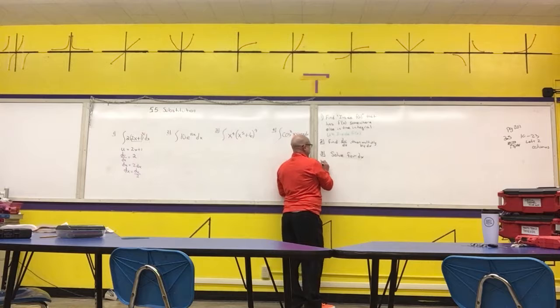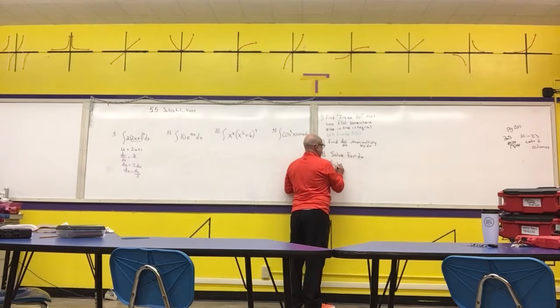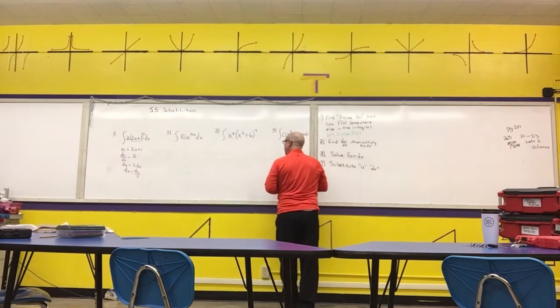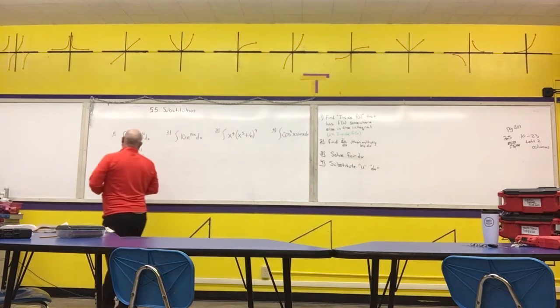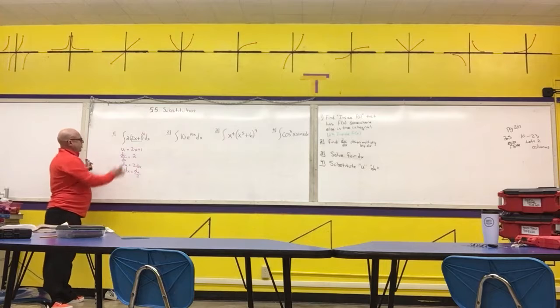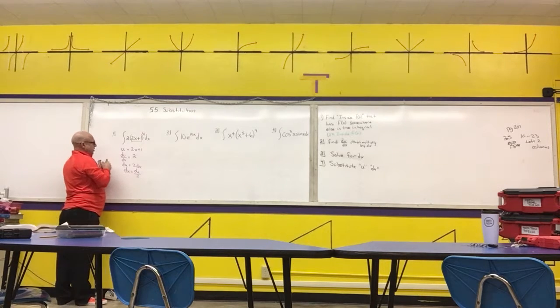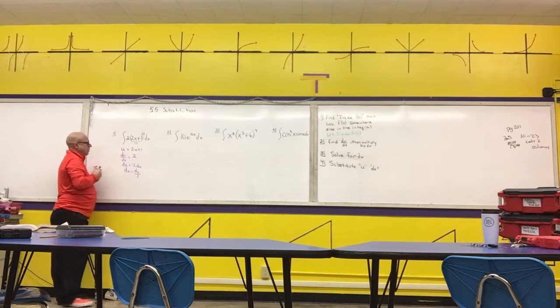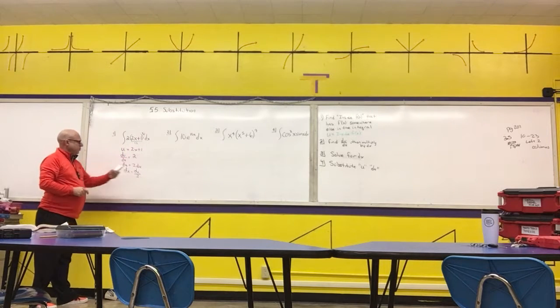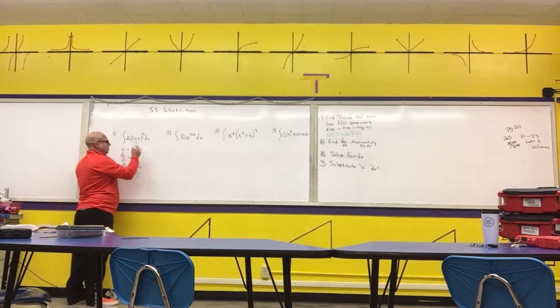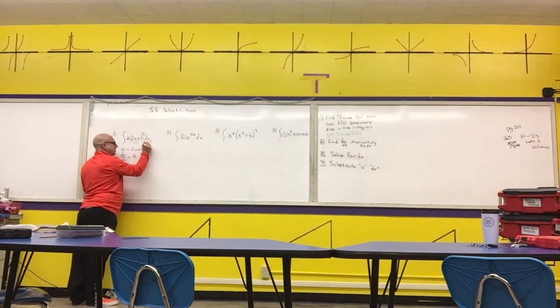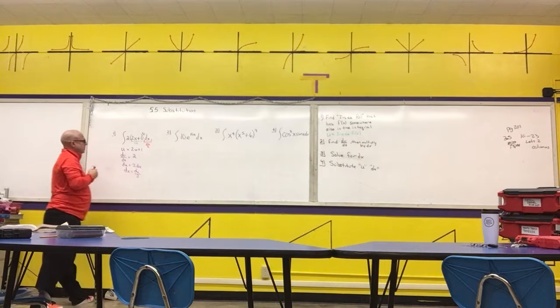Now I'm going to substitute for my u and my dx. So 2x plus 1 is equal to u, so this is going to become a u. And then my dx is equal to du over 2, so this dx becomes a du over 2.